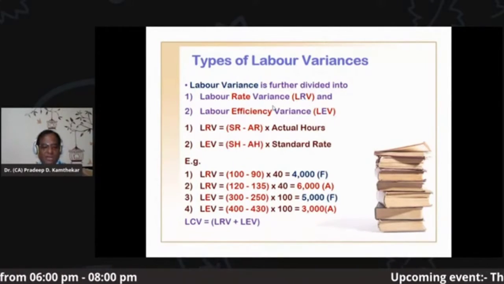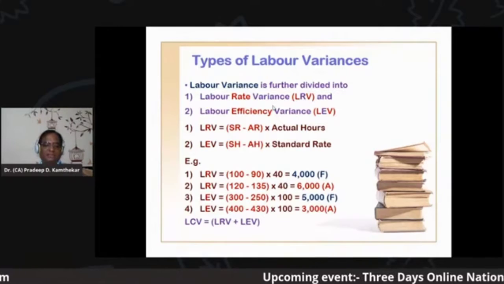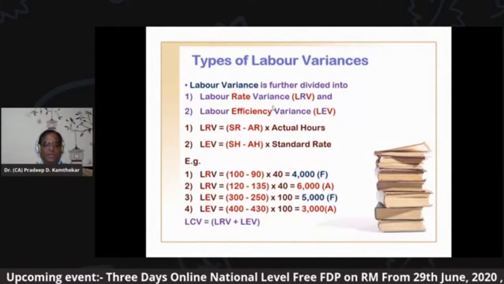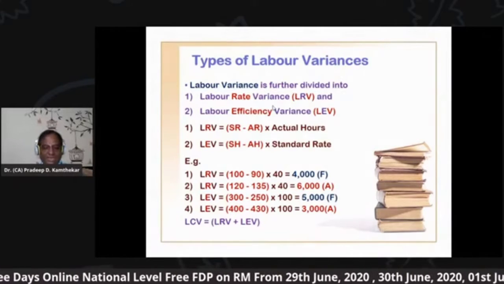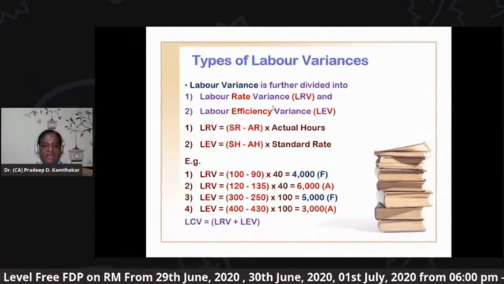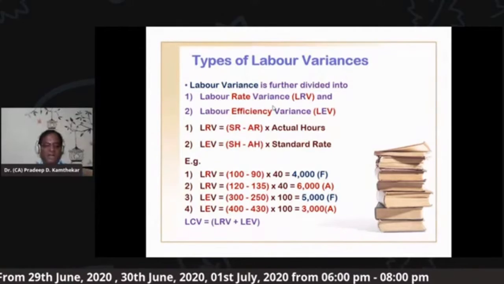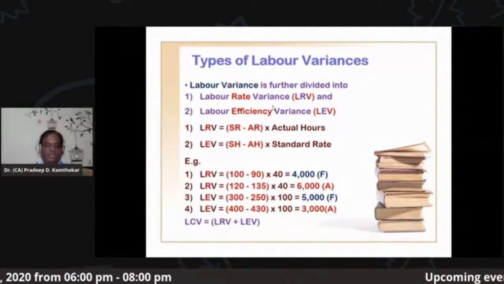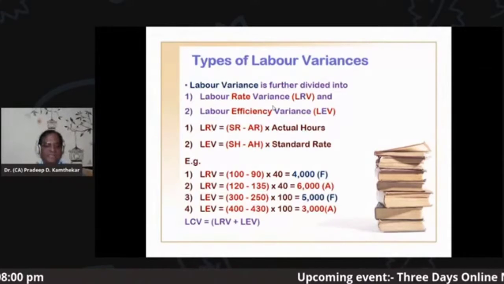It sounds very bad, and that's why that usage word is replaced by efficiency. So whether a particular worker is more efficient or less efficient, that is calculated by comparing how many hours that worker has actually worked and how many hours that worker was supposed to work. So that is called efficiency.